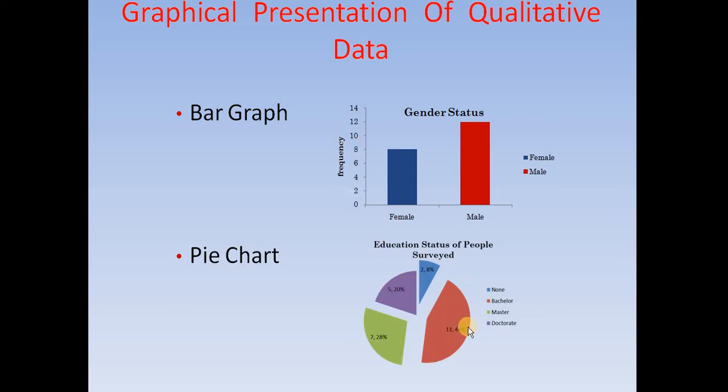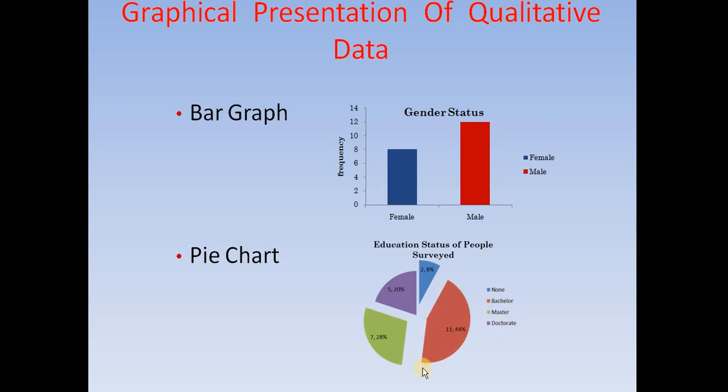A pie chart is basically a chart in circle form, divided into slices according to its categories. For example, here we have the educational status of people surveyed, like bachelor, master and doctorate.